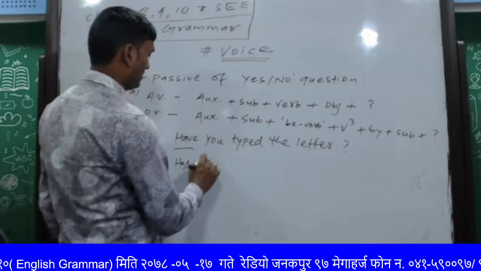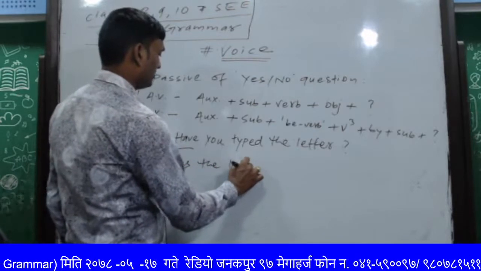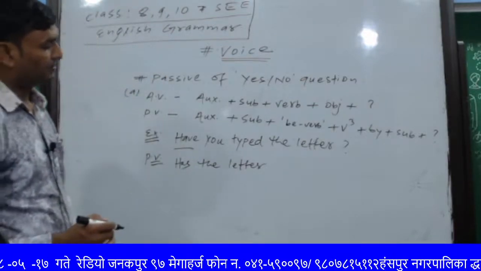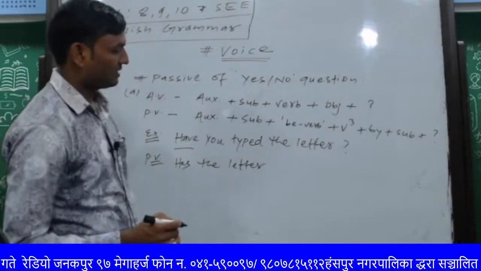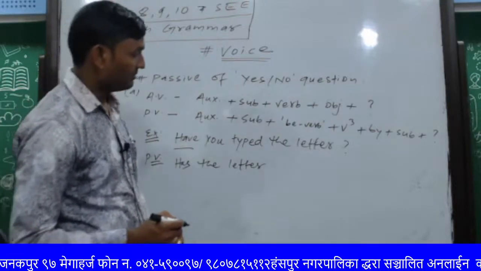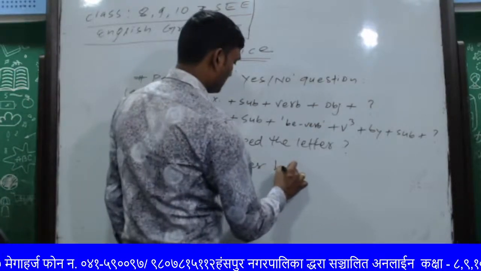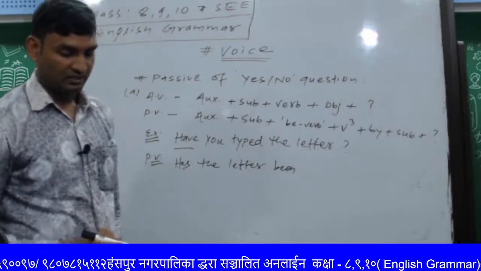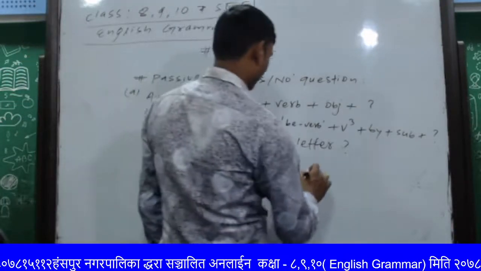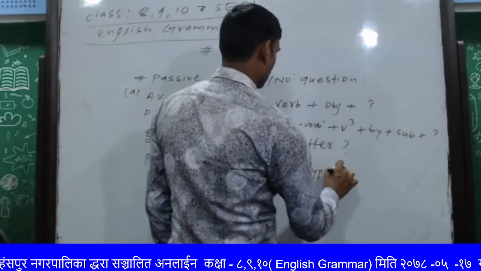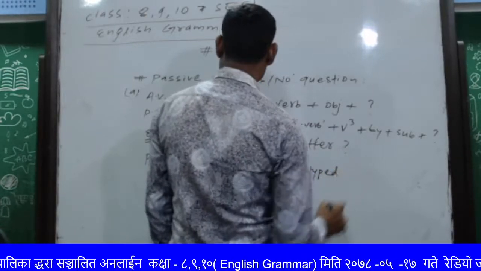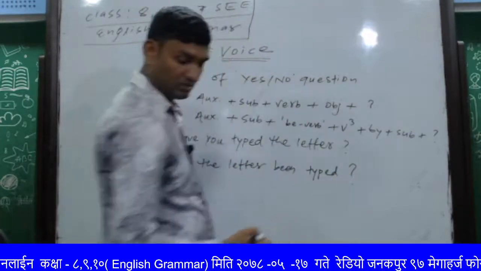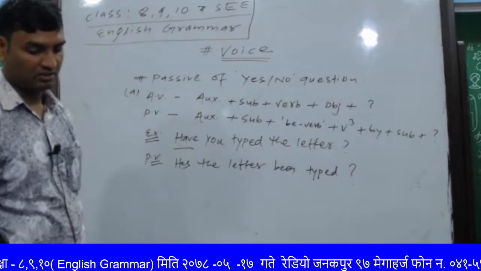Has the letter, and this one is present perfect tense. Then has the letter, then been. Been means here be verb. Then typed, and typed by you also, but by you is by plus subject. So in this way we can change.